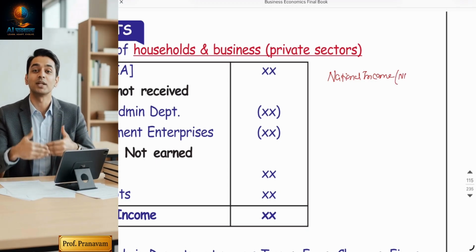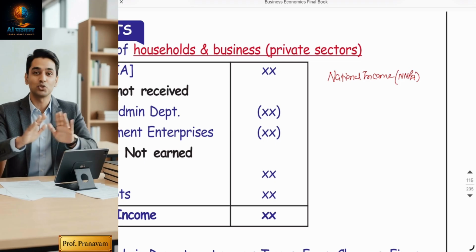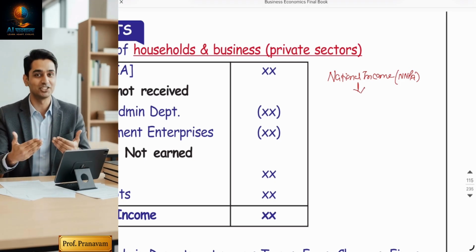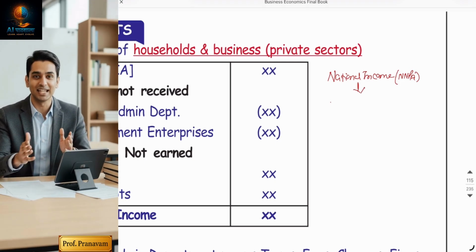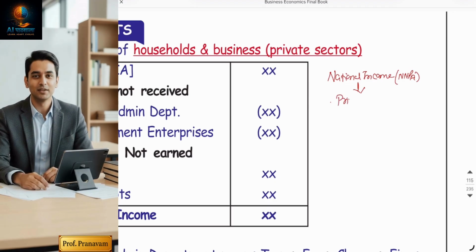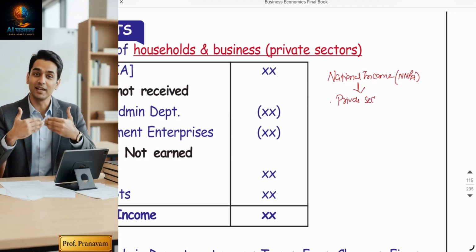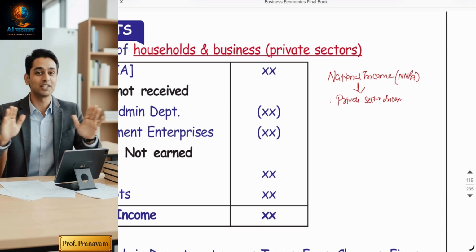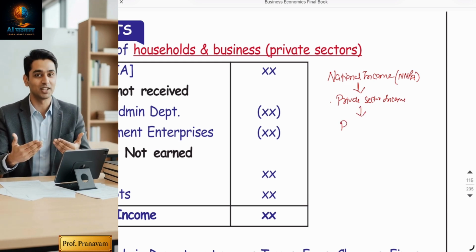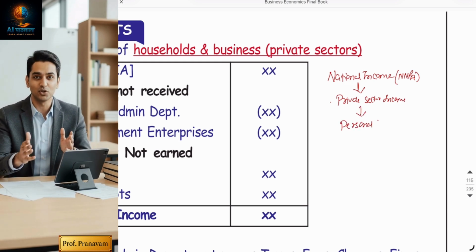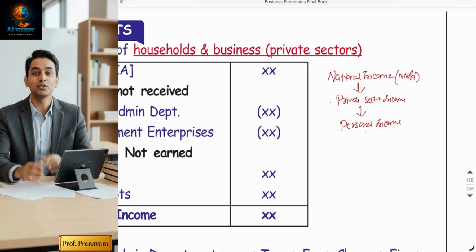National income is nothing but NNP at factor cost. After national income, we will understand private sector income. After private sector income, we're going to get into personal income.